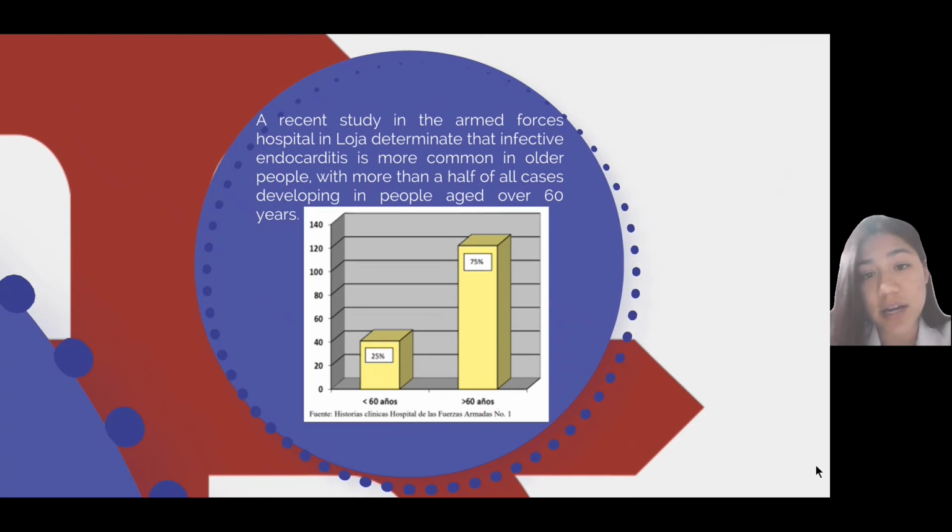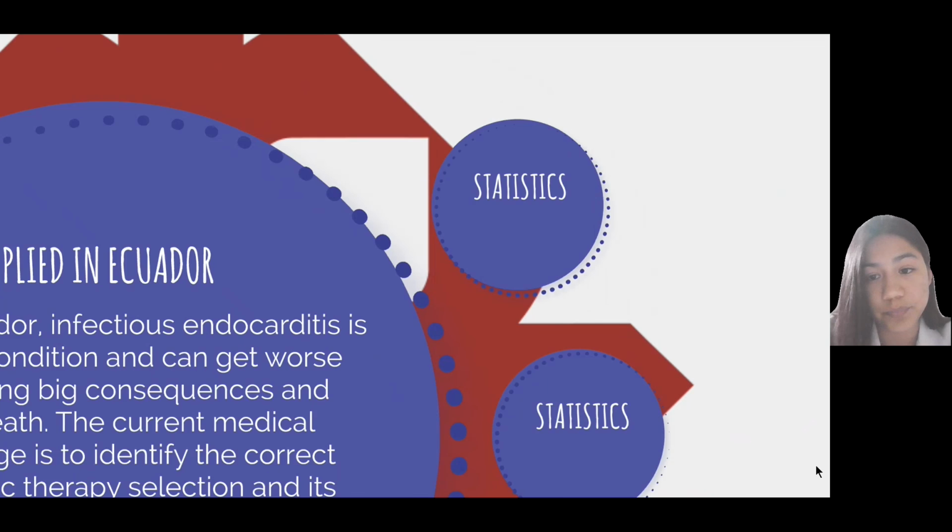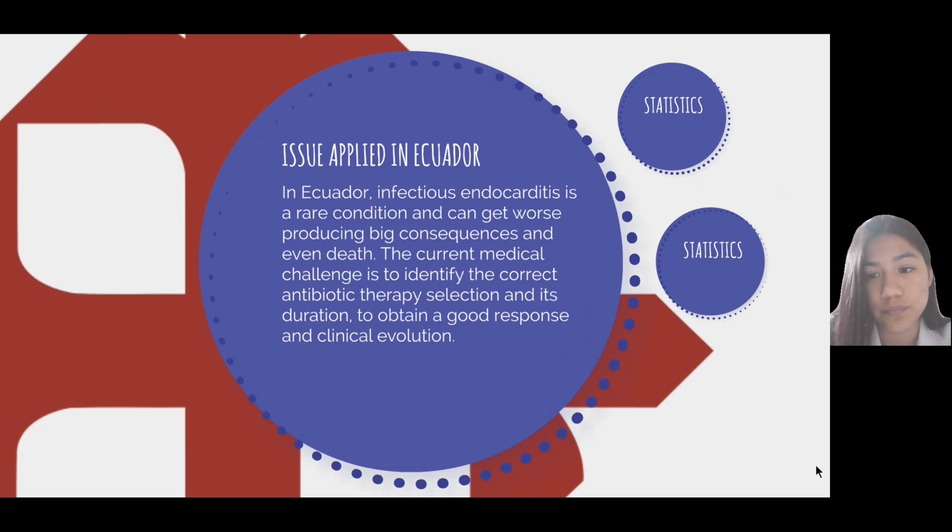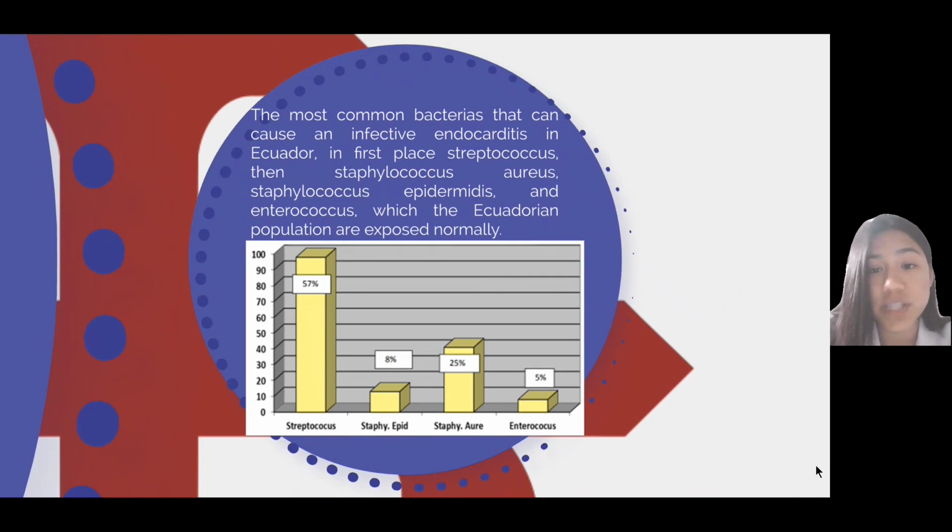A recent study in the Armed Forces Hospital in Loja determined that infective endocarditis is more common in older people, with more than half of all cases developing in people aged over 60 years. The most common bacteria that can cause infective endocarditis in Ecuador are, in first place, Streptococcus, then Staphylococcus aureus and epidermidis, and Enterococcus, to which the Ecuadorian population is normally exposed.